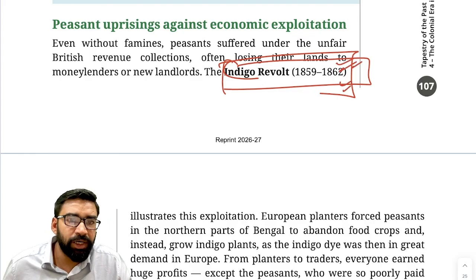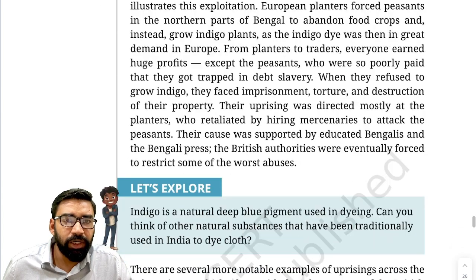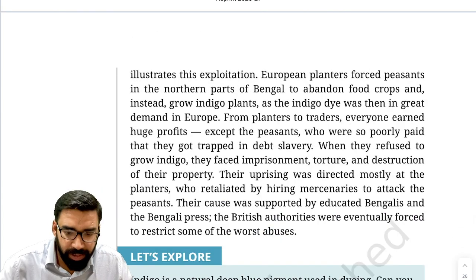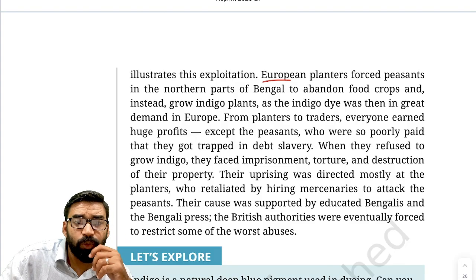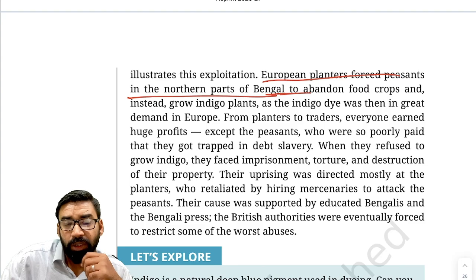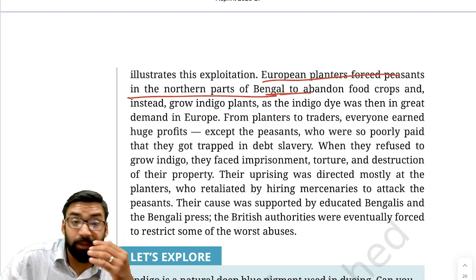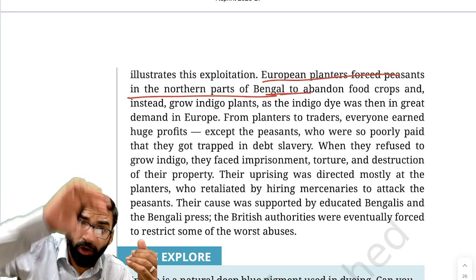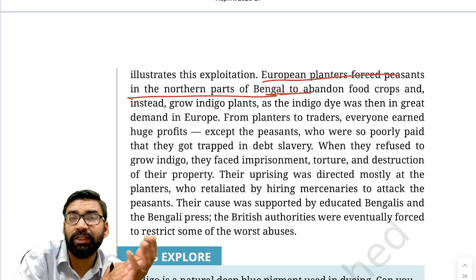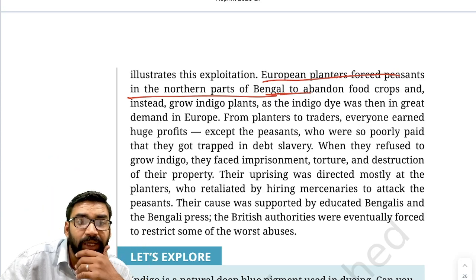Now where did this Indigo revolt take place? This Indigo revolt took place in the northern Bengal area. Clear? What was there under this revolt? European planters used to force peasants in northern parts of Bengal to stop cultivating food crops and grow indigo.